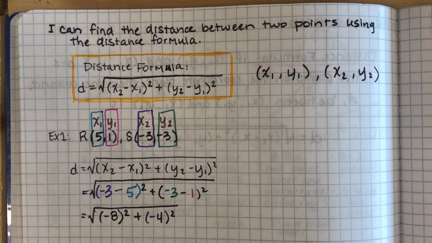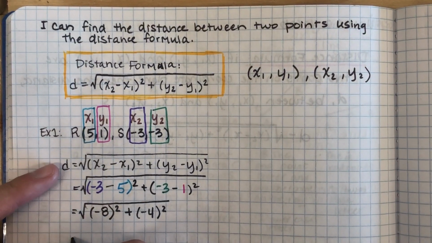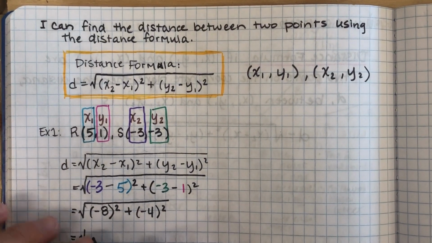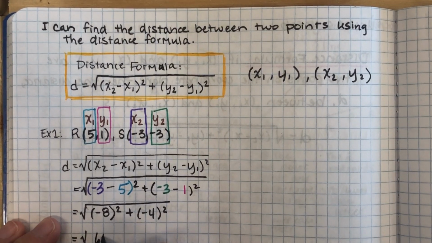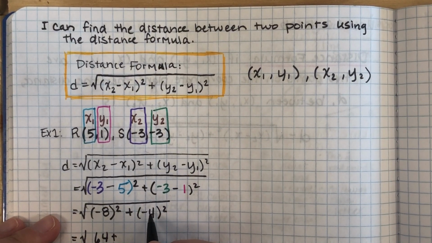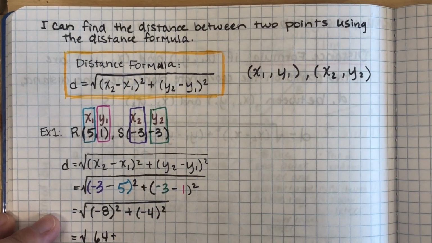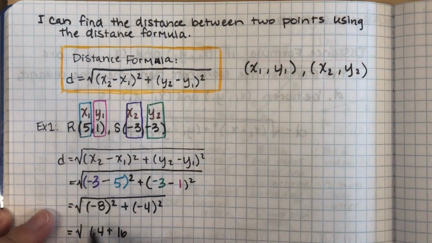Okay, so now I've done my parentheses, which leaves me with my exponents now. So I'm going to have negative 8 squared, which is negative 8 times negative 8, 64, plus negative 4 times negative 4 gives me a positive 16.